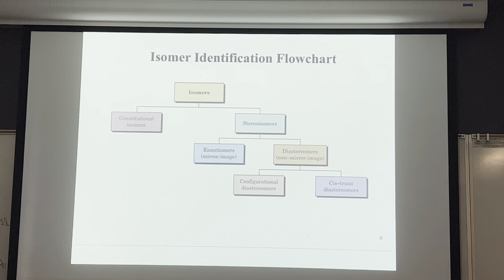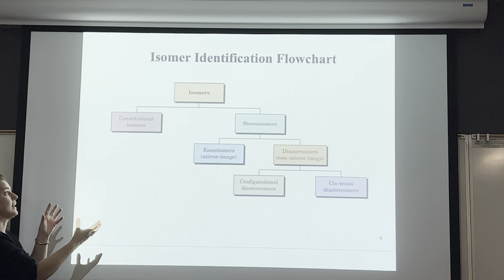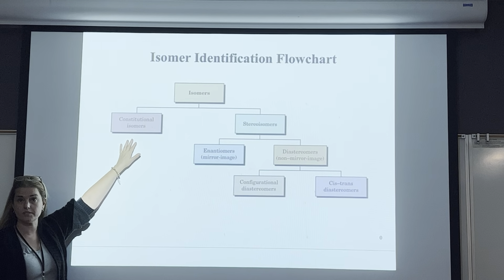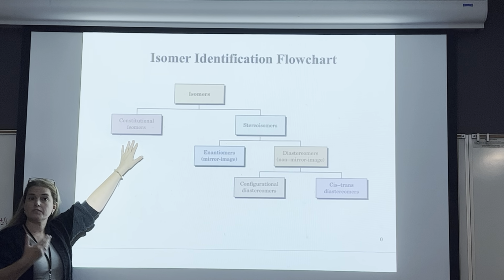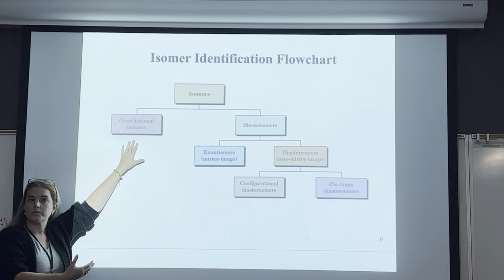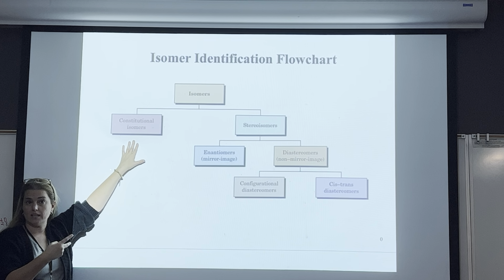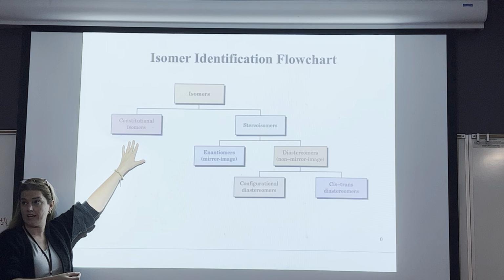So how many carbons do you have, how many hydrogens, how many oxygens, but no clue to the connection of the atoms, okay? If they do have the same molecular formula, they're isomers, and then we split them up into different kinds. So the constitutional isomers have the same molecular formula, but a different connection of the atoms. If you go to name both of them, you might notice that the number is different at the beginning. In lab, I believe we had 2-iodohexane versus 3-iodohexane for those 3 labs that have already gone. Okay, so that's where we have the constitutional isomers.